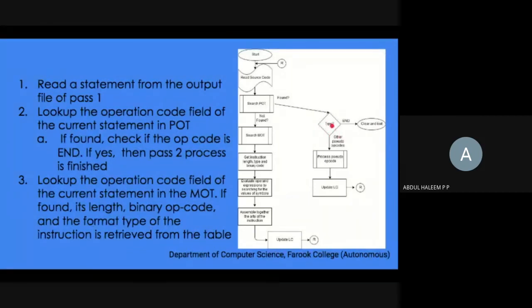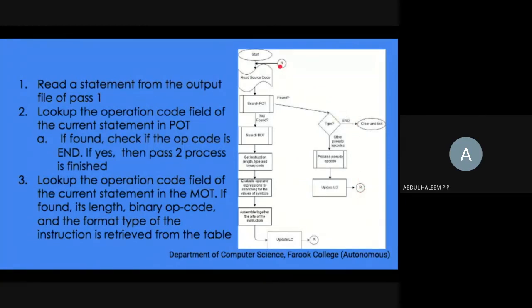Otherwise, it is a valid pseudo opcode for which some valid actions are to be taken. Those actions will be retrieved by the assembler and those things will be done. After that, the LC value will be properly updated. Then the next statement will be taken up.